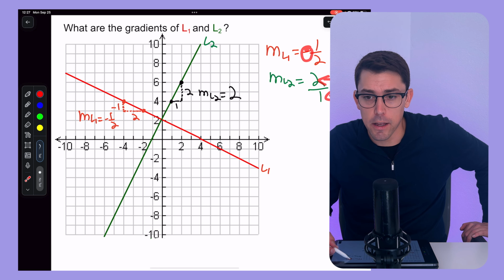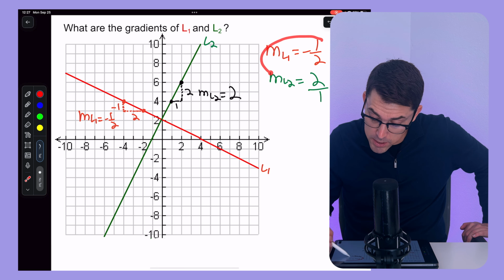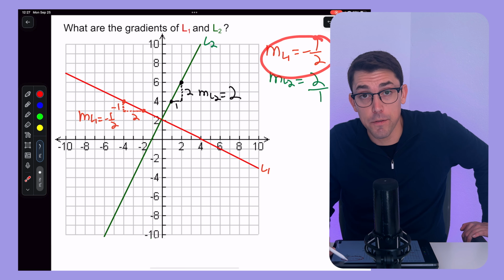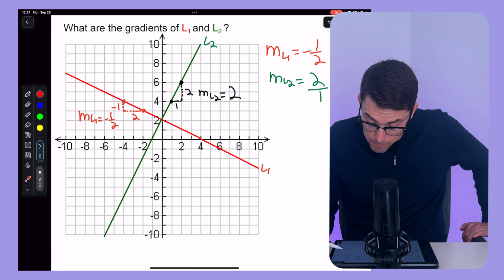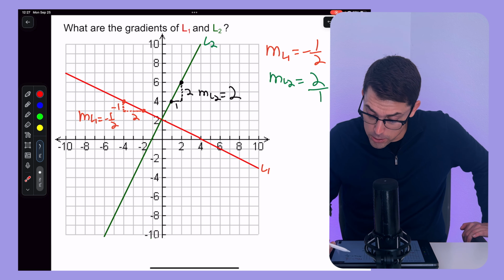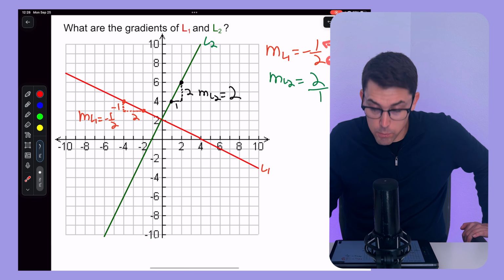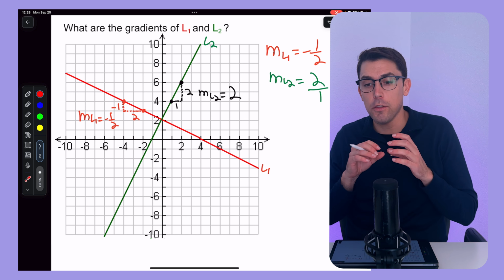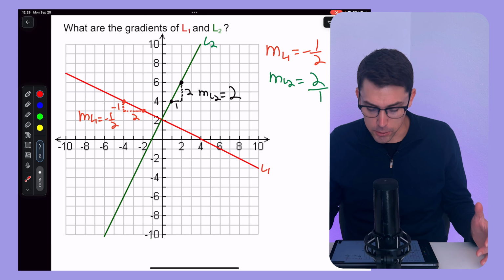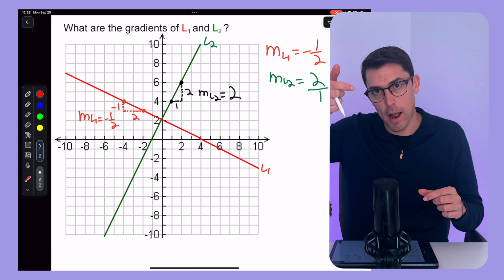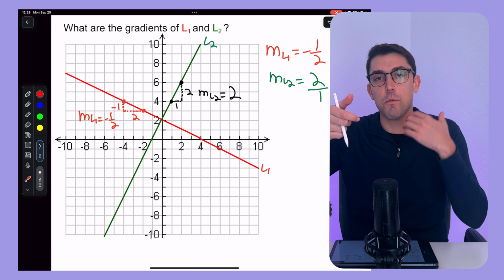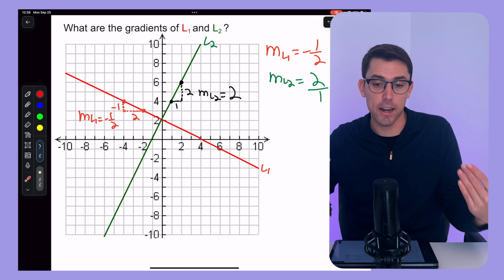We change the polarity. So if one of my lines had a slope of -1/2, well, then my other slope that's perpendicular to it would become a positive. And then I swap 2 with 1, which is why I just write 2. So again, we call these opposite reciprocals, okay? Meaning that we are flipping the fraction, the numerator to denominator, and then we're changing the positive to a negative or the negative to a positive.